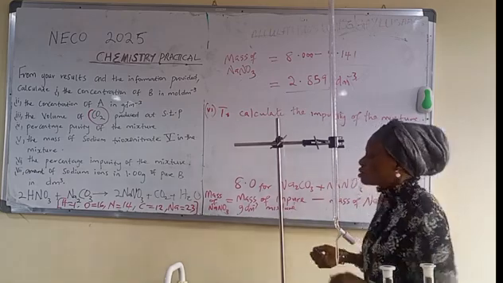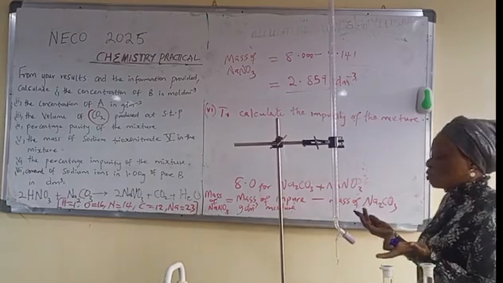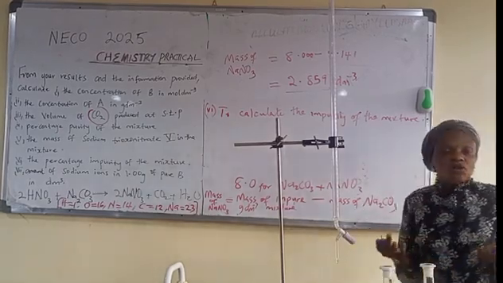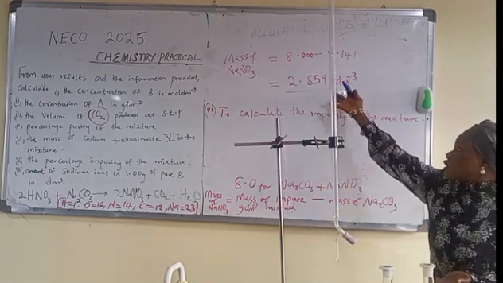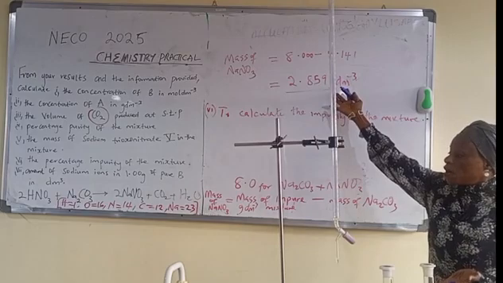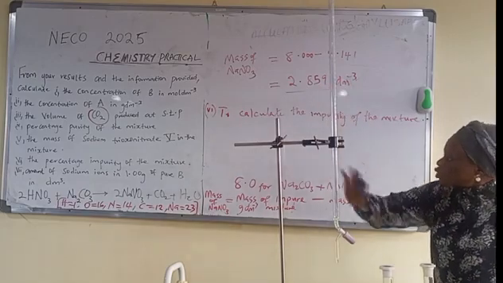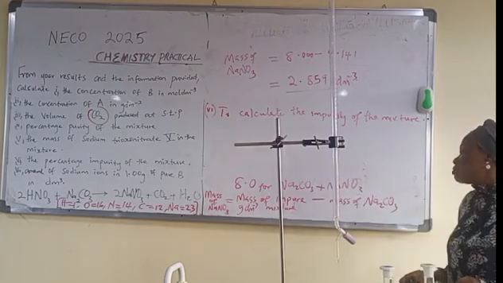So for this one, you have to know the mass concentration of your impure salt. The mass concentration is what you have calculated here. It has to be all over the total mass, then multiply it by 100.